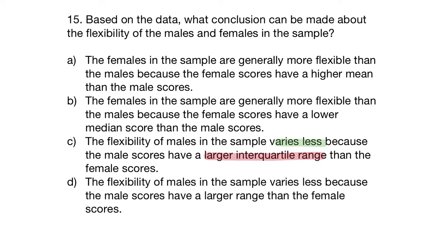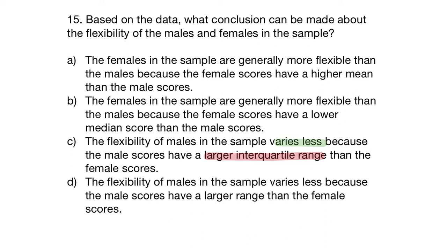It's on the board. If we look up here on variability and consistency, if we vary less, we have to have a what type of range? Lesser. We have to have that smaller range.